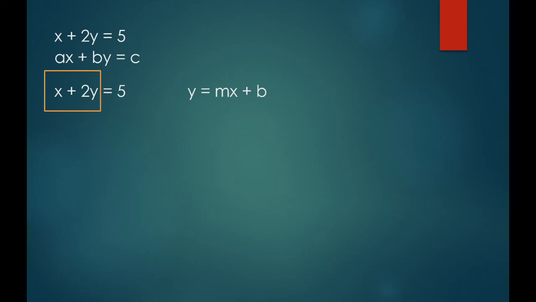So, halimbawa, we have to eliminate x. Ano bang integer or ano bang expression, ang pag-add mo sa x ay magiging 0 ang sagot. So, we have to add the additive inverse. Babaguhin lang natin yung sign ng x.